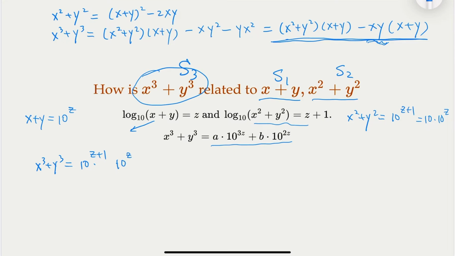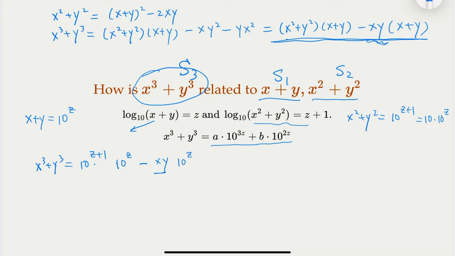And then minus xy, which we don't know. Let's carry it over here. We don't know it. And then x plus y we know, which is 10 to the z power.